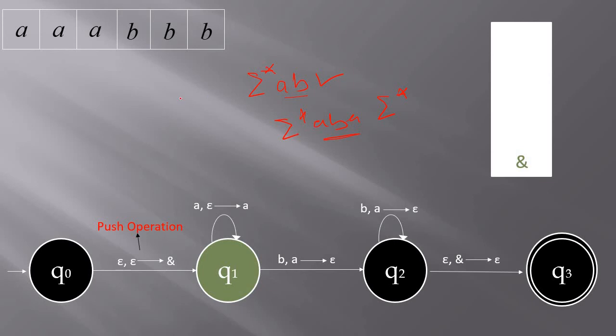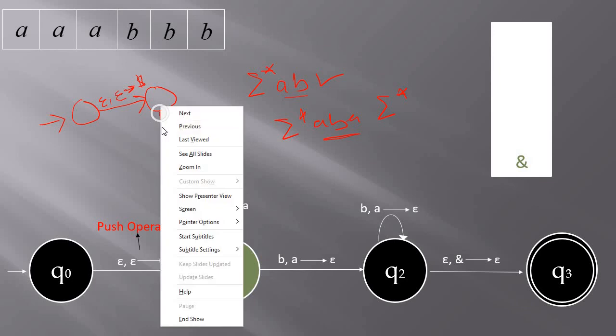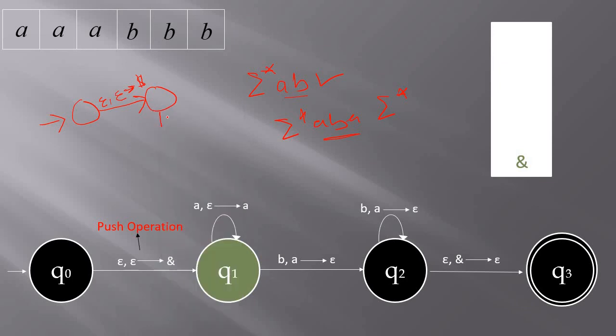For example, I will start so that you can see. You start with the initial state, and the first step is read nothing, pop nothing, but push the $ sign or whatever symbol we have for our stack. After this, there could be anything. For example, the sigma is AB.